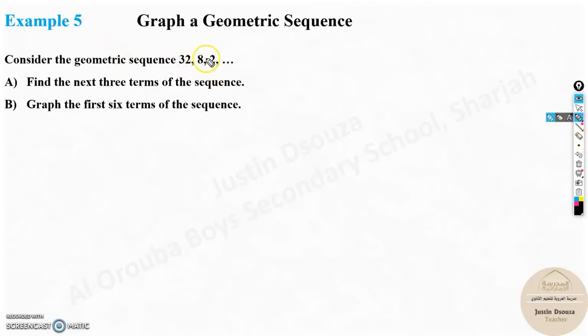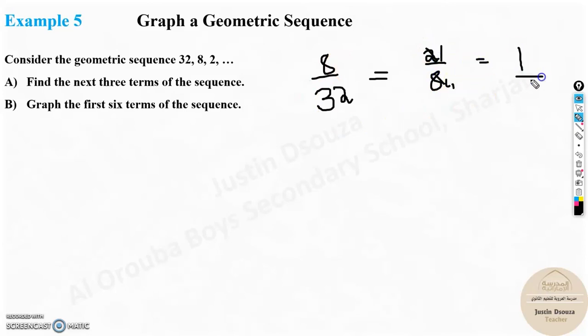You can use any two consecutive terms and find the common ratio. You can take the first and second, it'll be 8 divided by 32. But since we know this is a geometric sequence, this must be equal to 2 divided by 8. Isn't 2 by 8 more simple to solve? It's 1 and 4, so it is a quarter. Even over here, 8 one times, 8 four times, but usually take the easy numbers.